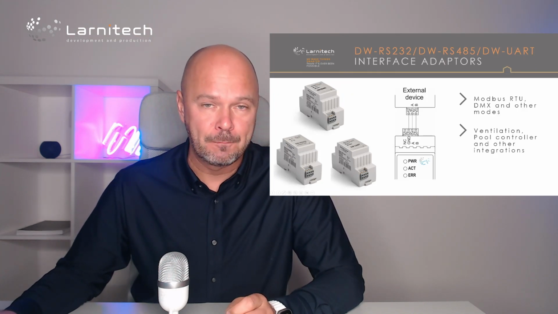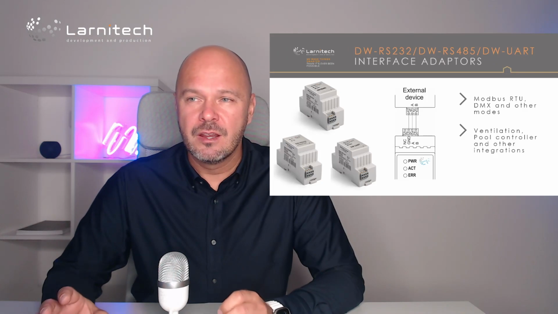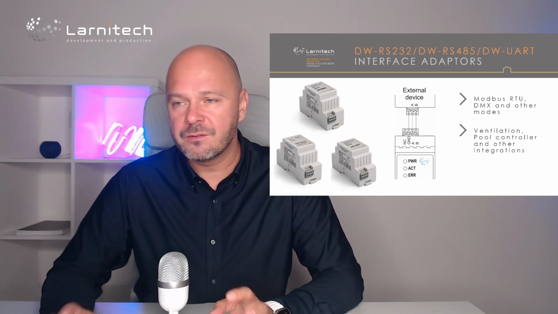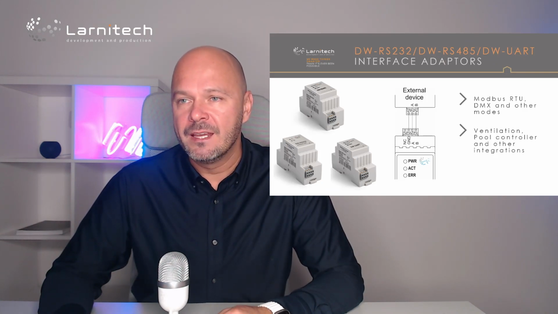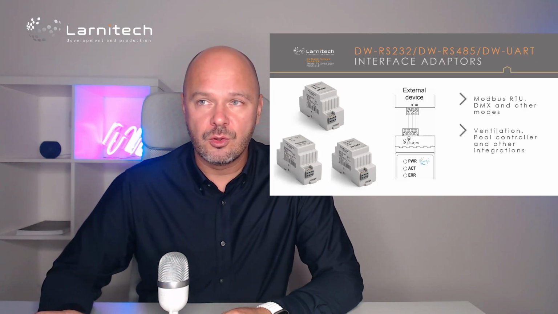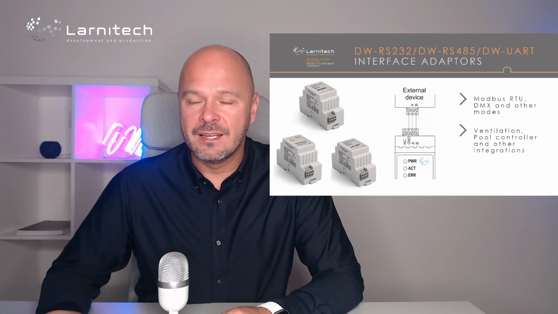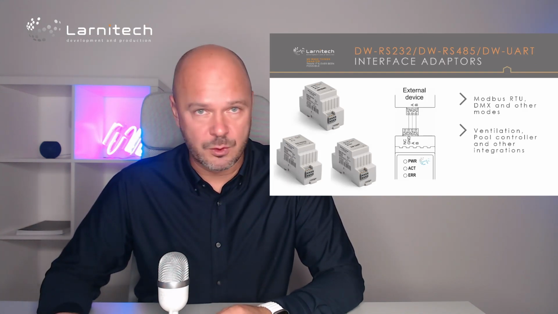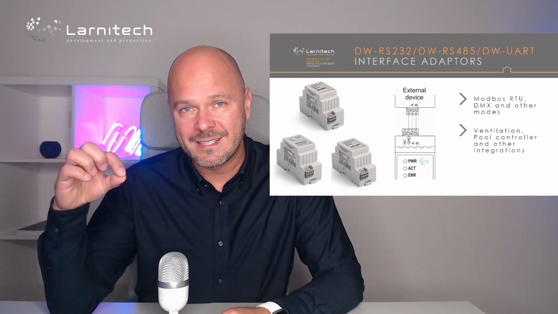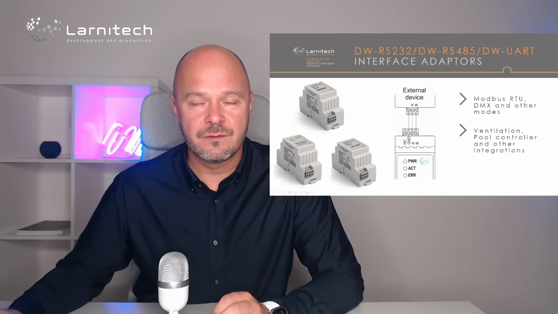Modbus RTU is a very wide standard to control external equipment. Like, for example, you want to control the ventilation system, or you want to control a Carroll humidifier system, or you want to control the pool, for example, and the pool has its own controller with Modbus output, and then you connect it to RS485.